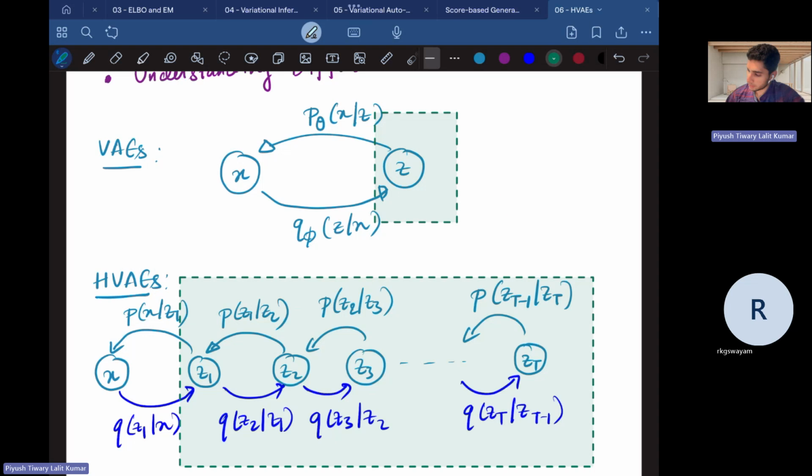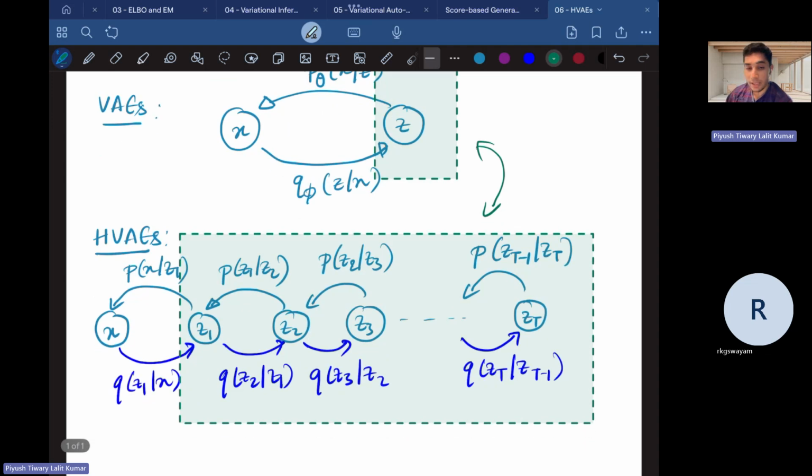So you can think that whatever this one latent variable was in your normal VAE is now actually a bunch of other VAEs stacked upon each other. That's all. Does that make sense?